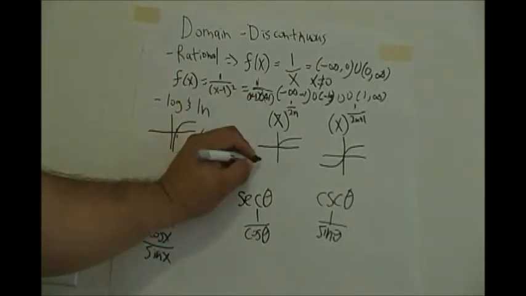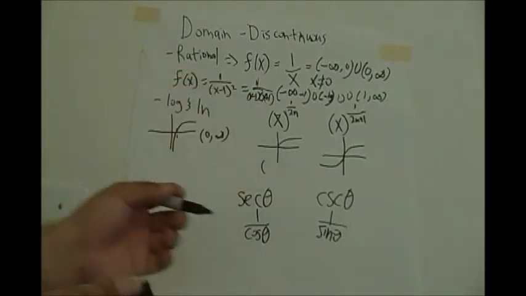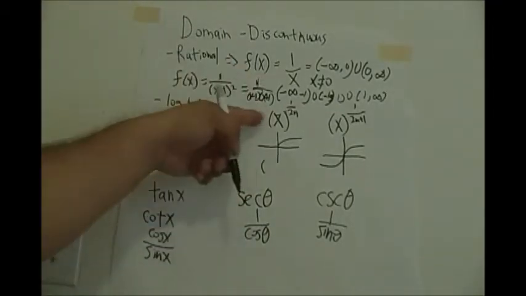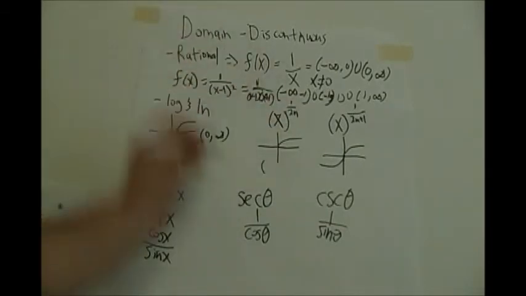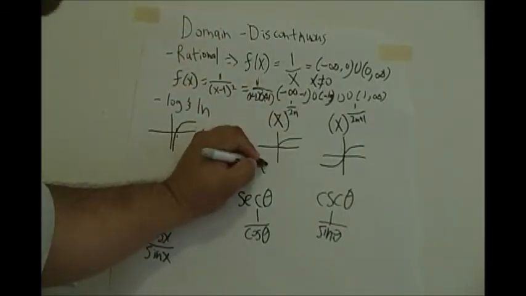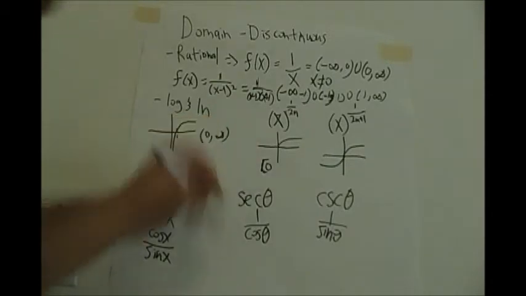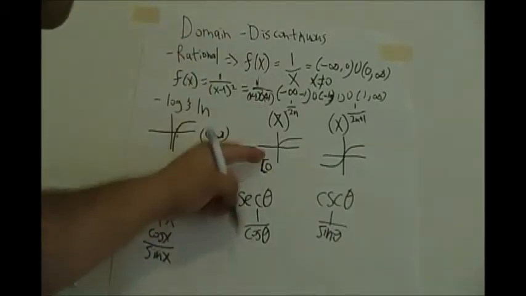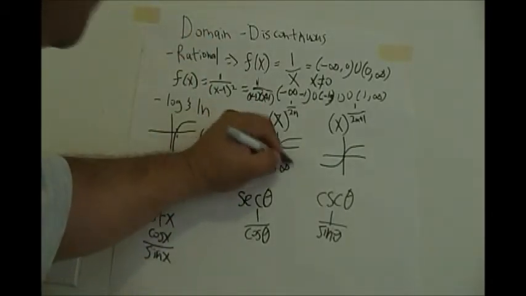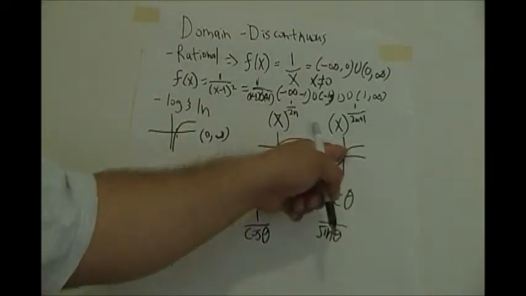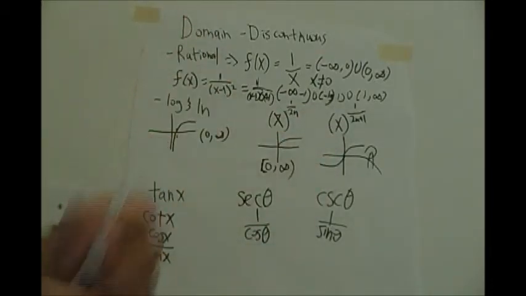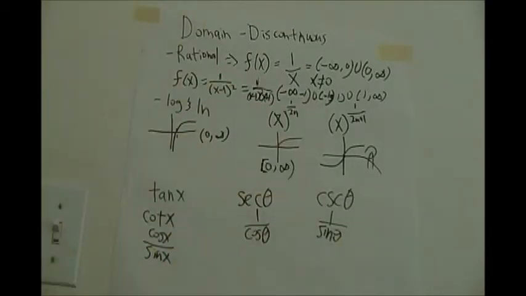So for any even root, the domain is from 0, actually including 0 because we can still have 0, so we put a little bracket, comma, infinity. And for odd roots it's just all real numbers. Any cube root or any odd-powered root is a continuous function.